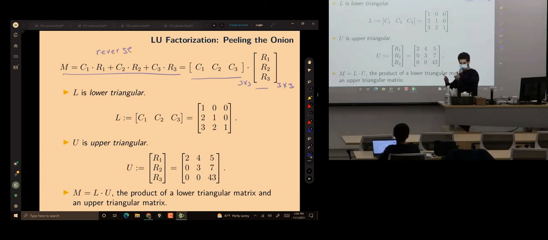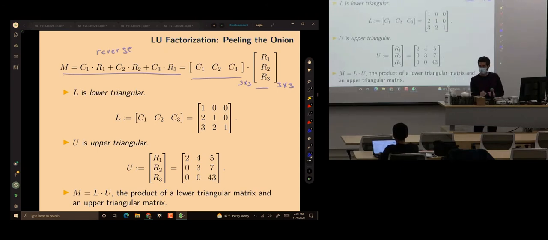The reversing process was: grab a column, normalize it by the pivot, the element of the diagonal, multiply by the row, subtract it. That would zero out the corresponding row and column. We call that peeling the onion because you go layer by layer, zero out the first row and column. There you go.